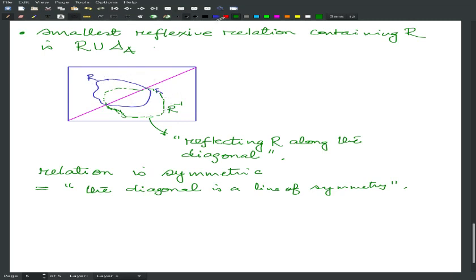So now my question is, I want to find a T which is bigger than R and T is symmetric. Can you use the diagram to say how you would get hold of T?